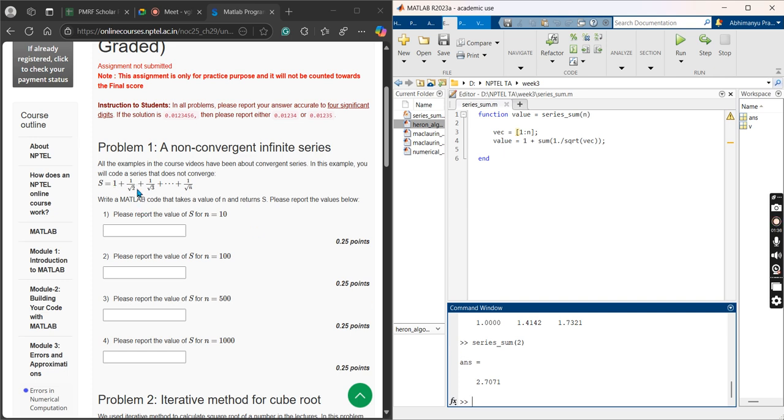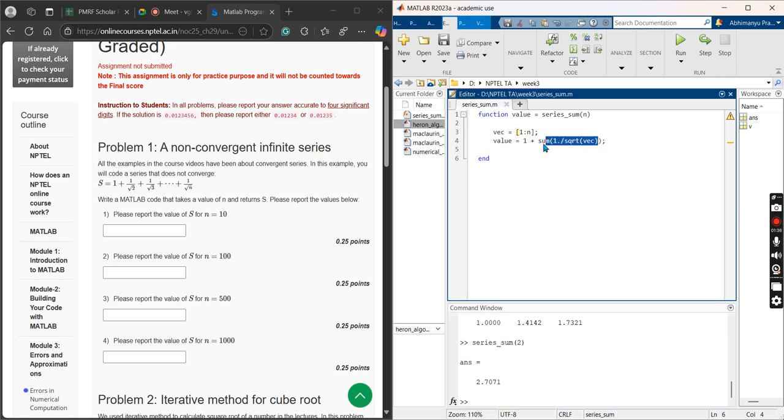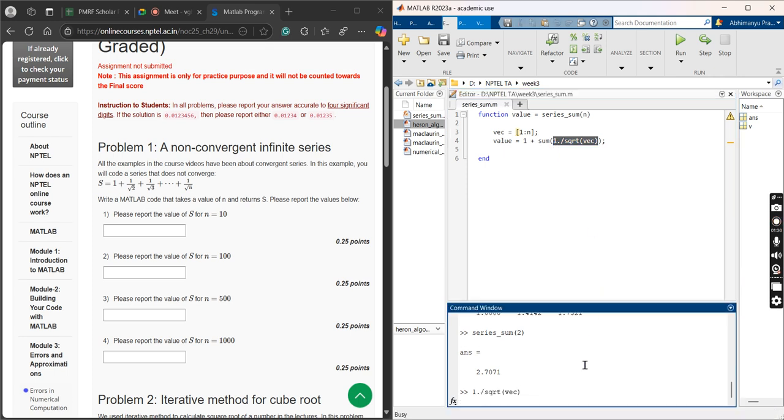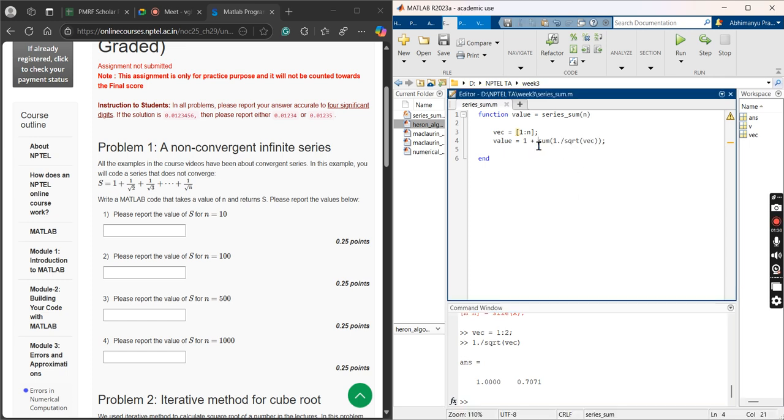If I use 2, then okay. Since I already have 1 over here, right?